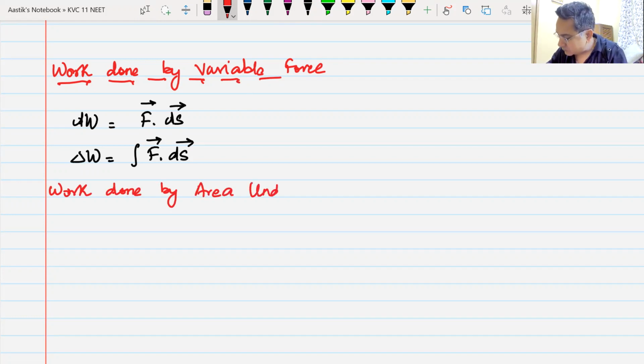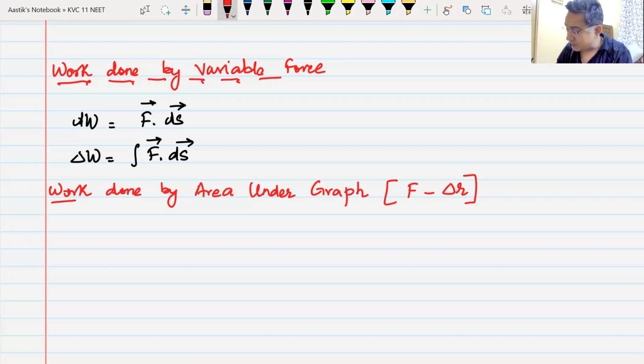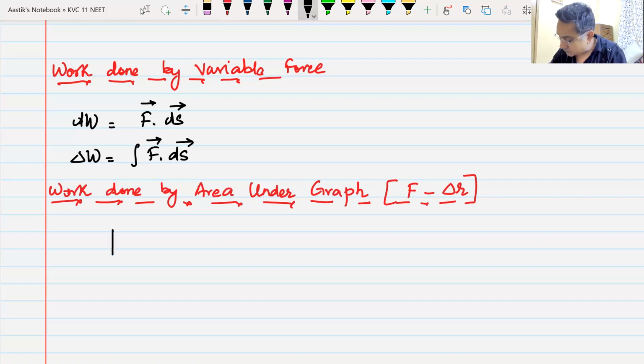Work done by area under graph. Which graph I am talking about? It is the force displacement graph. So there will be a graph given between your force and displacement and you will be asked to find out the work done from this graph.